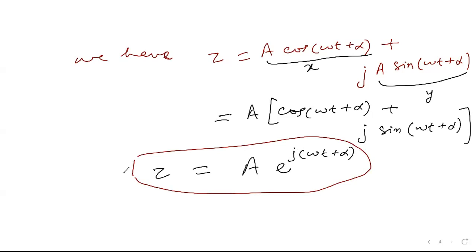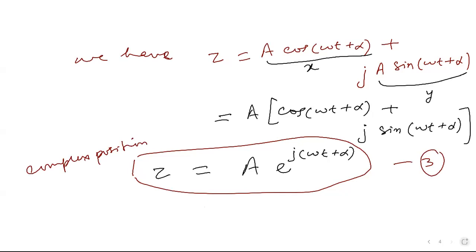It is the complex displacement. It contains both displacements x and y mathematically, right? Now, let me name this equation 3. Let me find its derivative with time that will give me the complex velocity. This is the complex position.